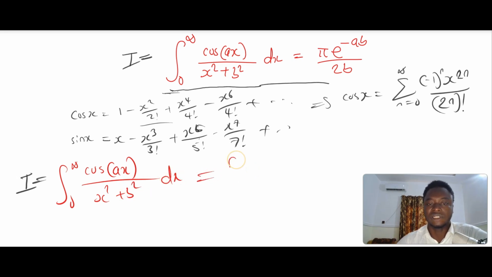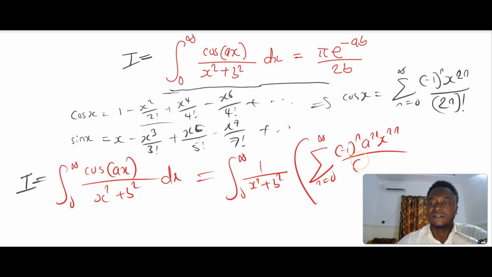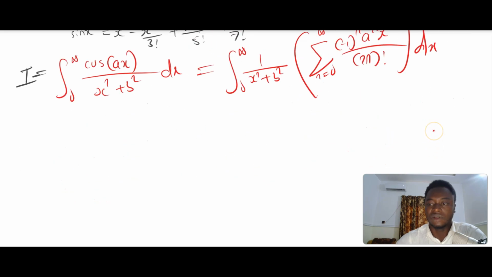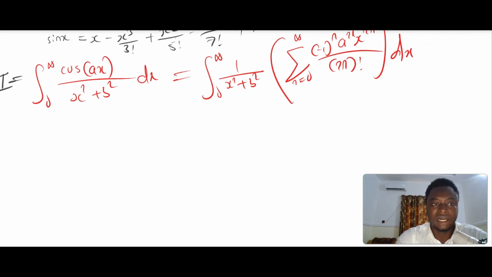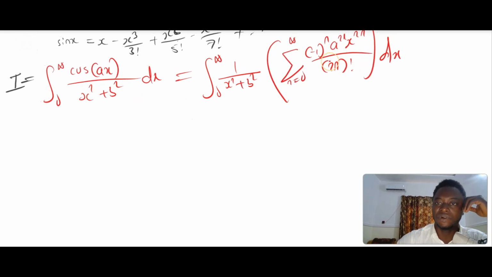It will be equal to the integral from 0 to infinity of 1 over x squared plus b squared, but then instead of cosine of ax, you would have to write the sum as n runs from 0 to infinity of negative 1 to the n, a to the 2n x to the 2n all divided by 2n factorial, then you have your dx. So essentially what we have only done here is to just take out cosine of ax and plug in this series.